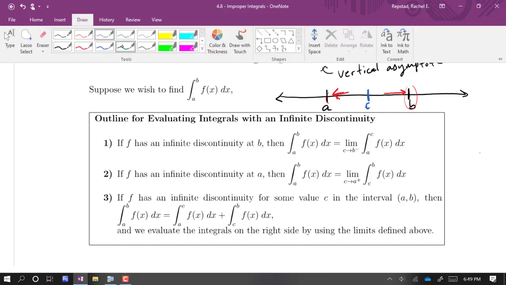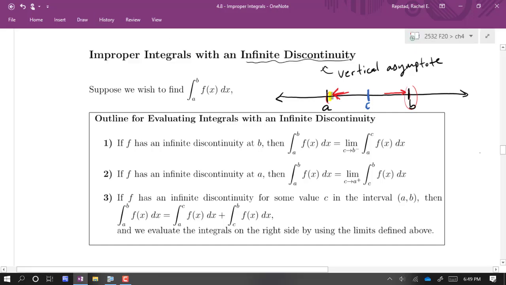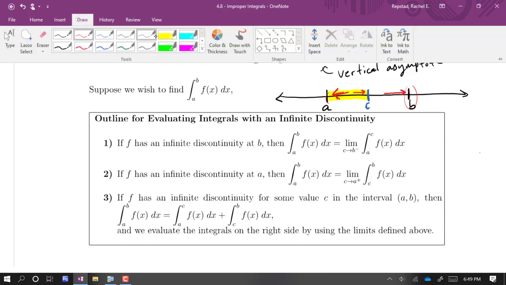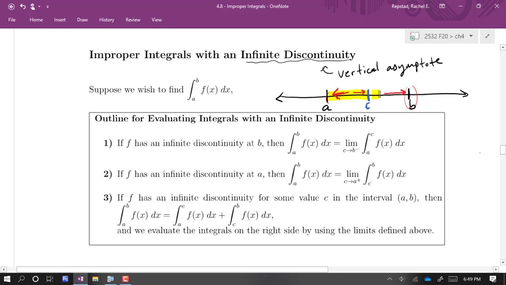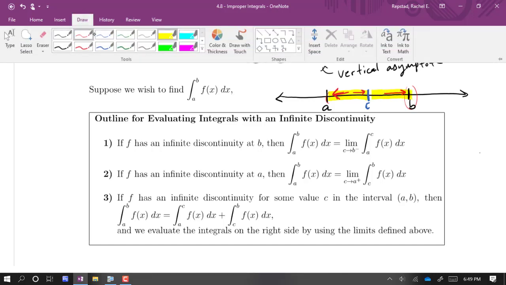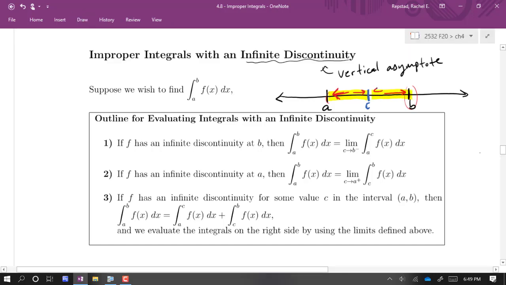I have one integral from a to c, and I have to set that up as a limit approaching c from below, and then I add that to the integral from c to b, but with that integral I have to approach c from above, because that has to be inside that interval of integration. And then each of these integrals we approach using cases 1 and 2 above.